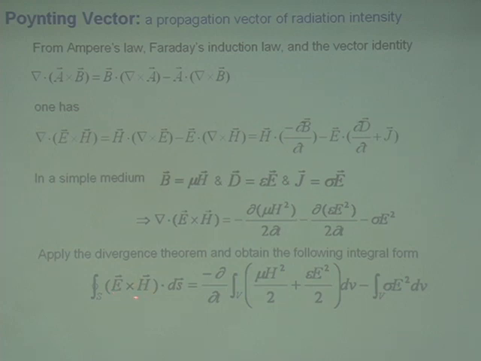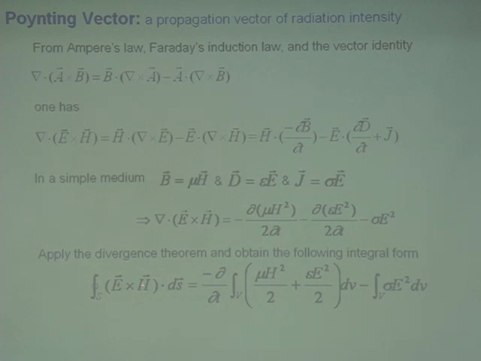So this means the energy radiated out equals the decrease of the stored energy inside. The total decrease in energy, besides the change in the stored energy inside, also includes one more term, which is the ohmic loss inside. So this is energy conservation. Whenever you see an equation, you have to interpret the physical meaning of it.